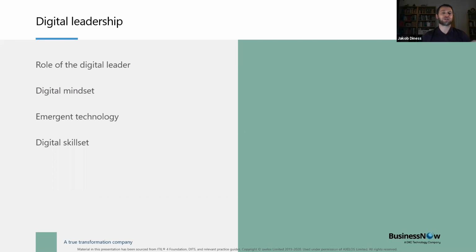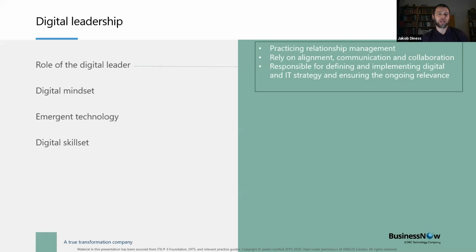First, you could say, what is the role of the digital leader? And we will point to something about doing relationship management. As you may have known before, it was very difficult to find out who was actually doing that, and what kind of role that is in a company or in an IT department.